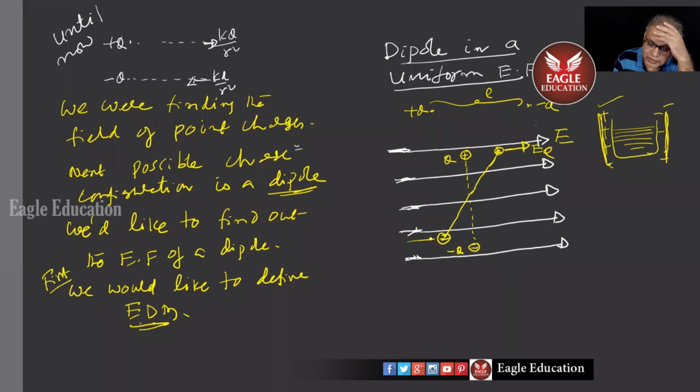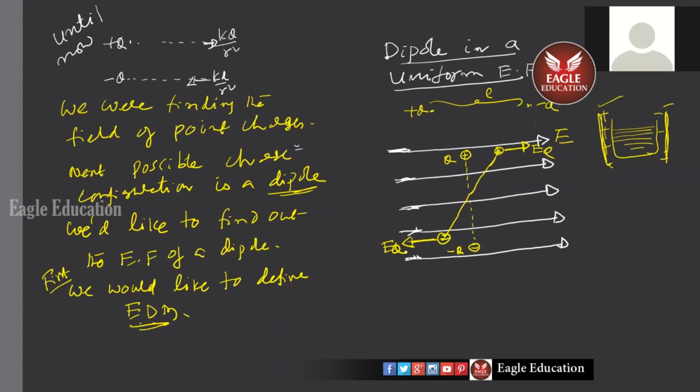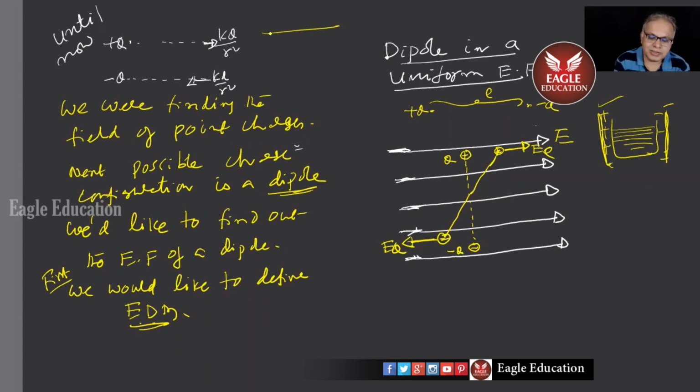There's an EQ force acting this way. Remember, any time two equal forces acting in opposite directions, but not acting along the same line of action, produce a couple. If I have a rod like this, if I apply one force this way, another force this way, the rod will turn about the center of mass like that.